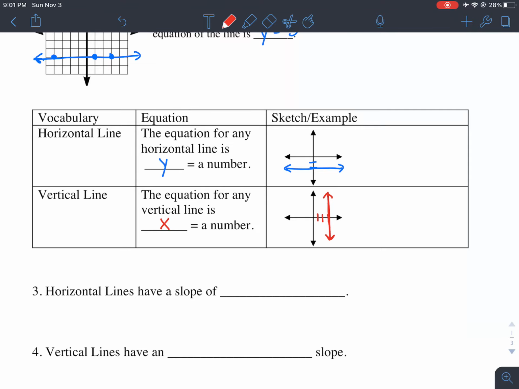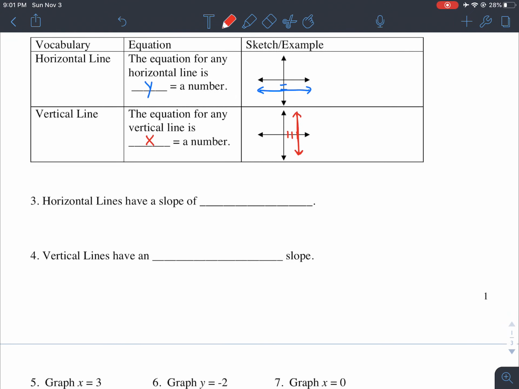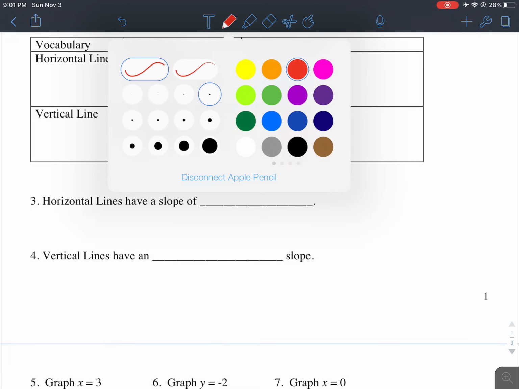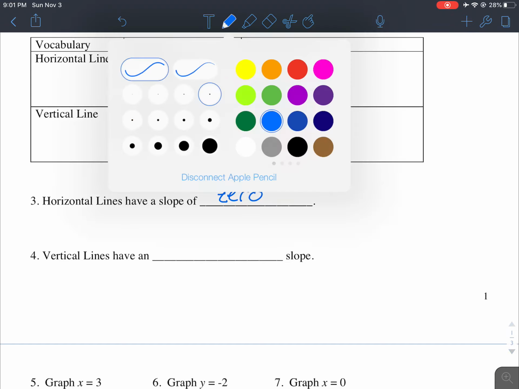Okay. Now, just as a little bit of a review, horizontal lines have a slope of 0. They don't go up or down, so they're not positive, they're not negative, it's just a 0 slope.